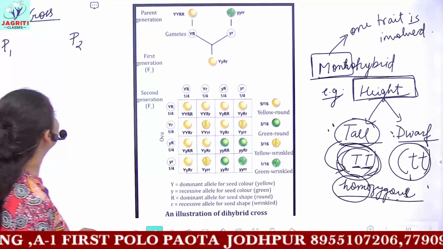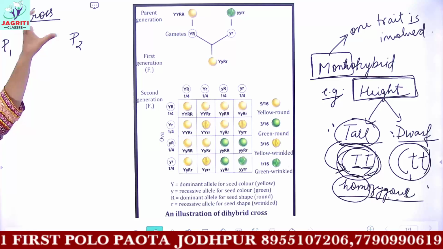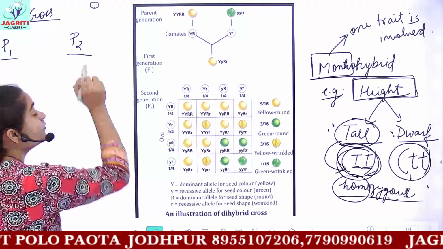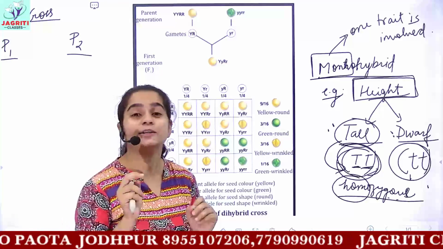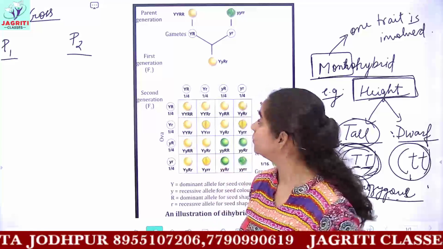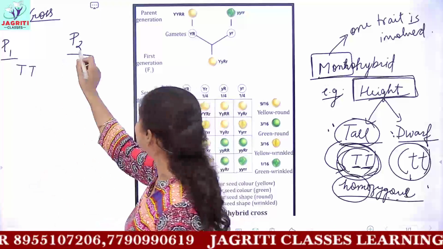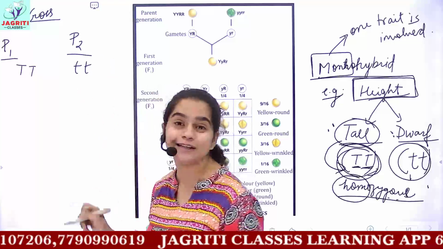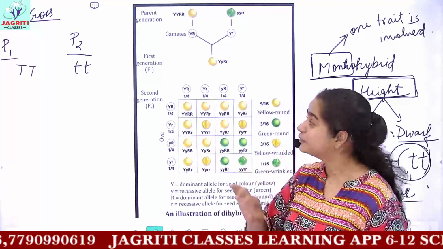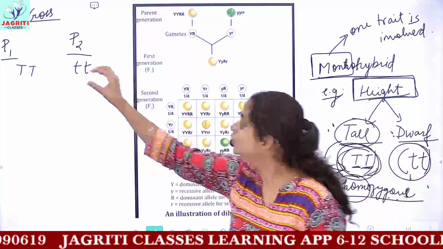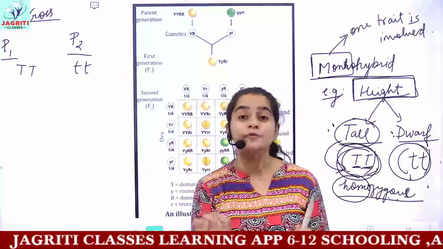So if we want to carry out the cross, the first step is the selection of parents. That is, you require two parents, parent 1 and parent 2. Now the alleles for parent 1 would be capital T capital T, and that for parent 2 would be small t and small t. After writing the genotype of the parents, you have to form gametes.